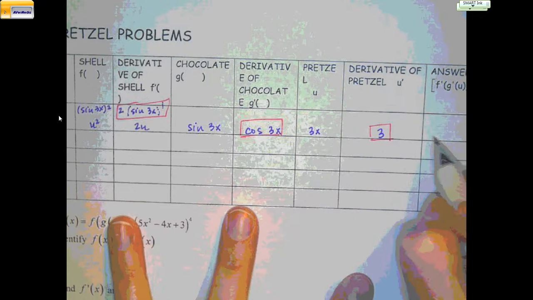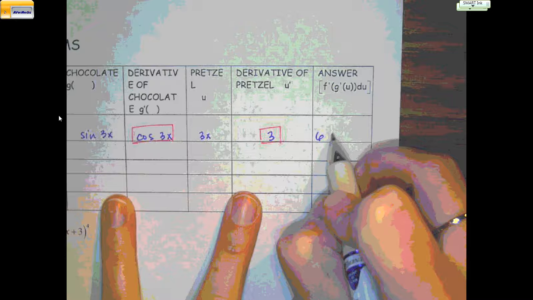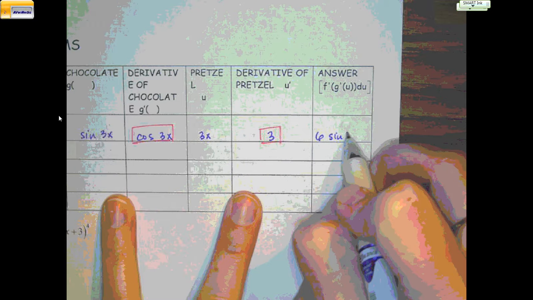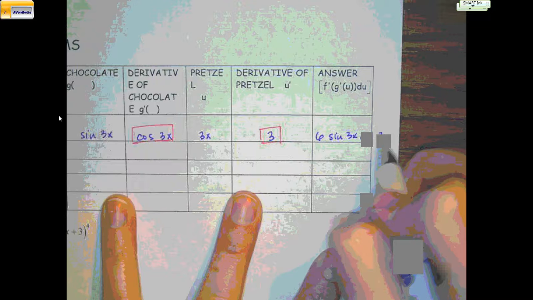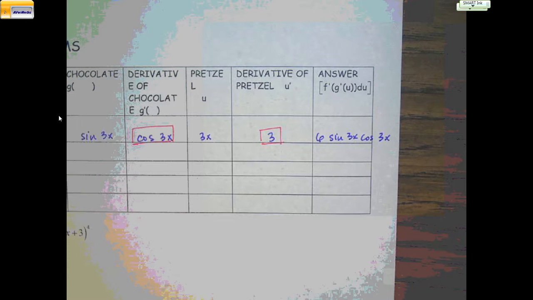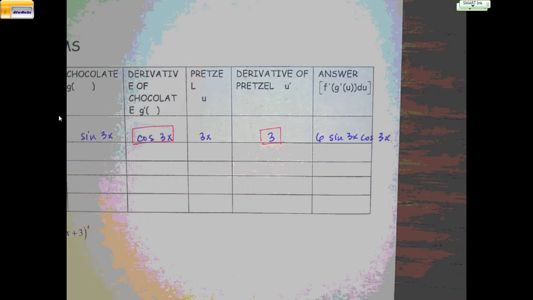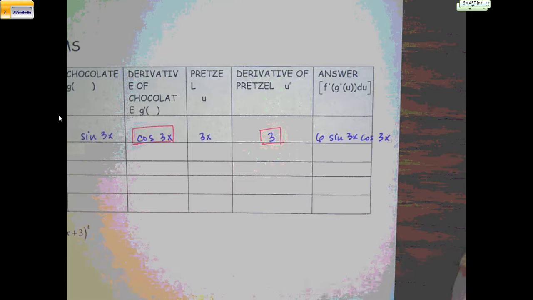So I'm going to put 6. And then all I have left is the sine and the cosine. So times sine of 3x times cosine of 3x. And that's your answer. Questions on the first row? You just multiply the derivatives all by each other.